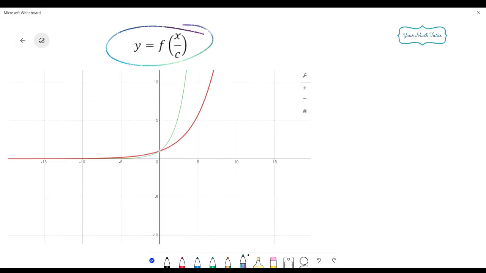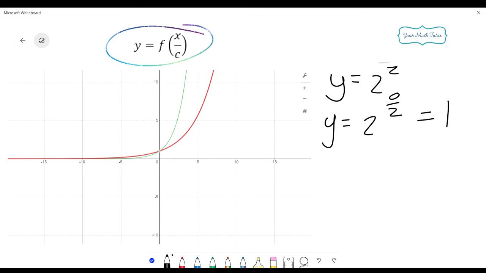This transformation divides x by 2. So we're going to have y is equal to 2 to the power of x divided by 2. So for x is equal to 0, we're going to have y is equal to 2 to the power of 0 divided by 2, which is still equal to 1.